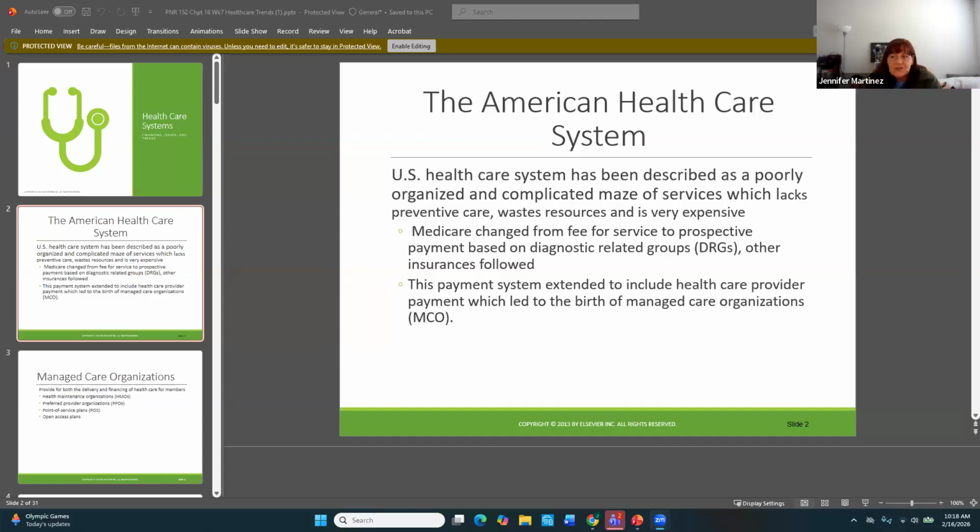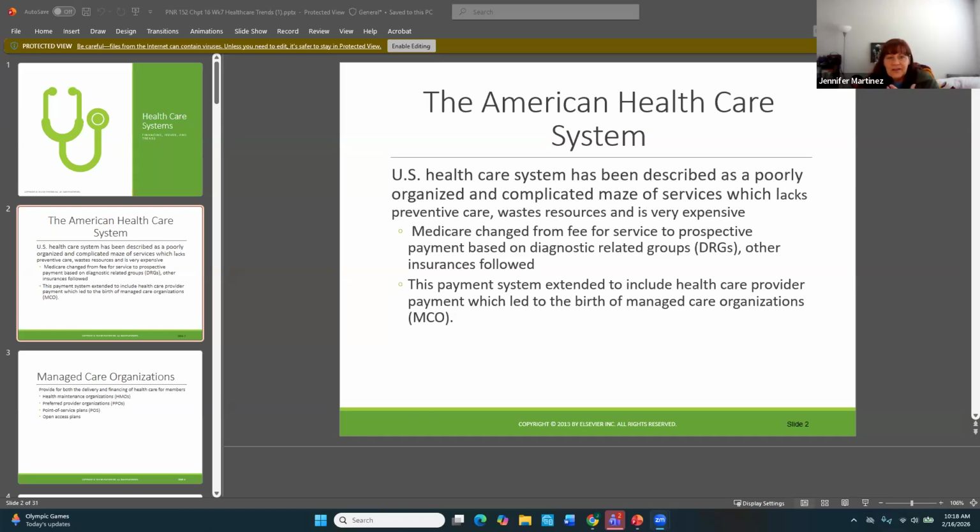Managed care organizations are things like, if you have ever gotten a new job, and you've had to choose a health insurance plan, right? This could be HMOs, PPOs, point of service plans.